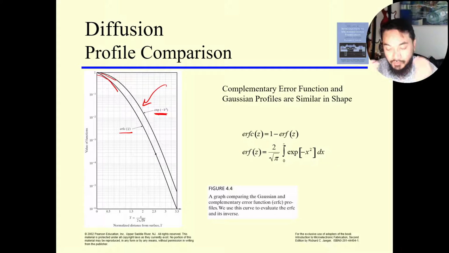It's an equation to describe a line on your graph. Similar to how you can have normal distribution, Gaussian distribution, you can also have complementary error function distribution.